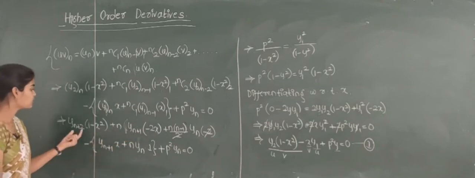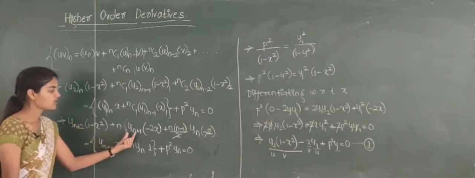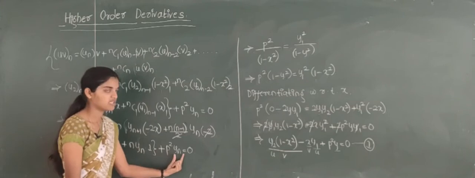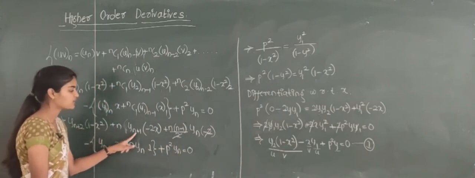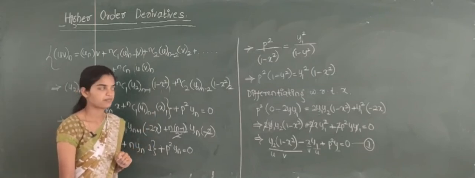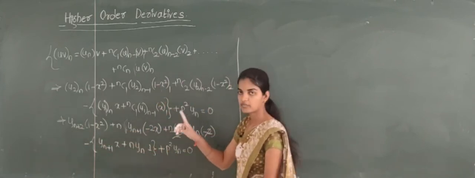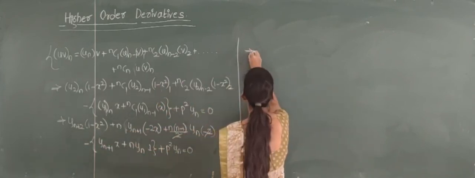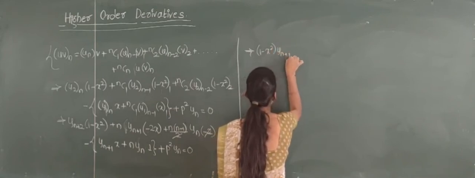So in the next step, separate the terms with respect to y(n+2), y(n+1) and yn. We will get the required solution. See here, only one term of y(n+2) is there, so directly write that: 1 minus x square into y(n+2).